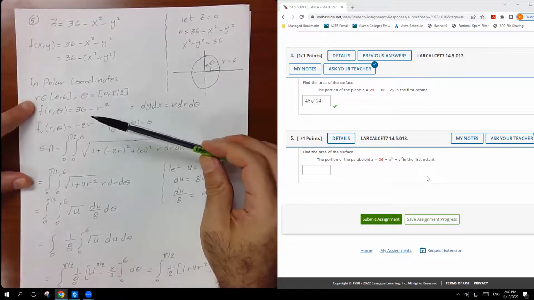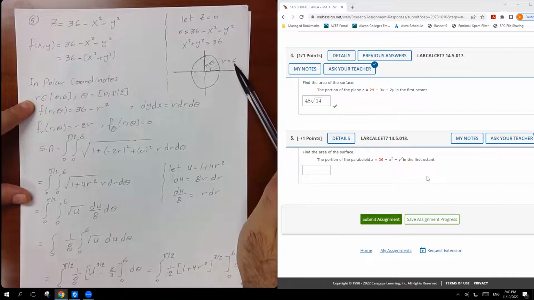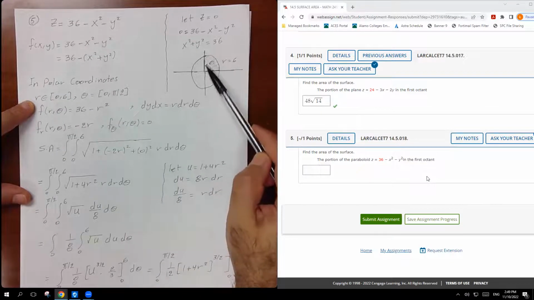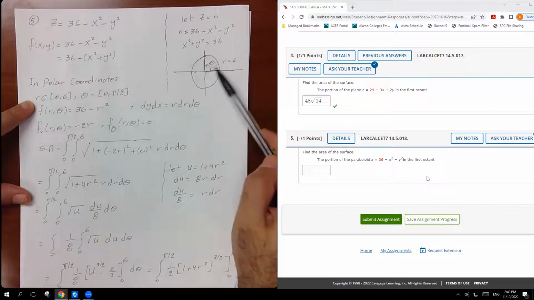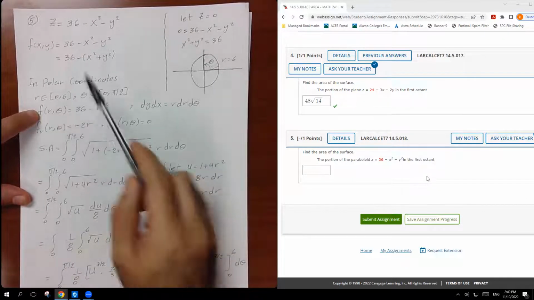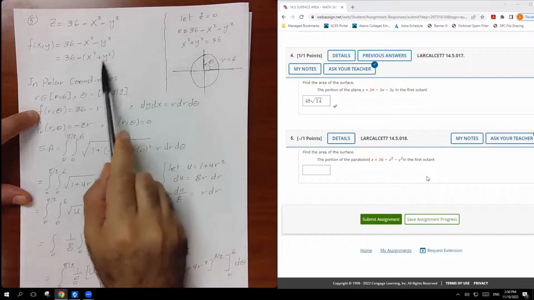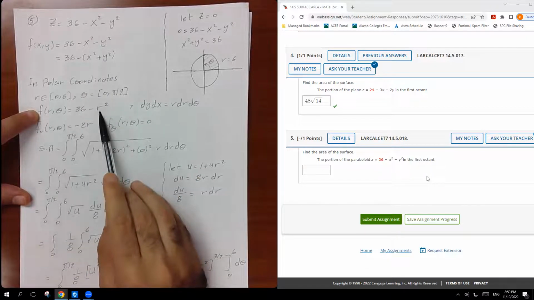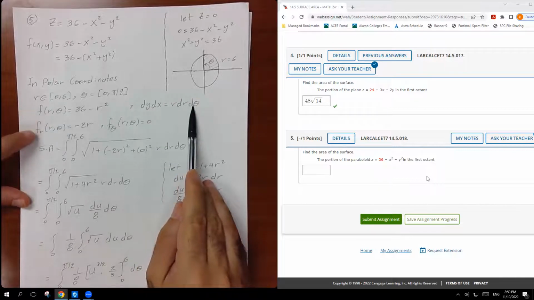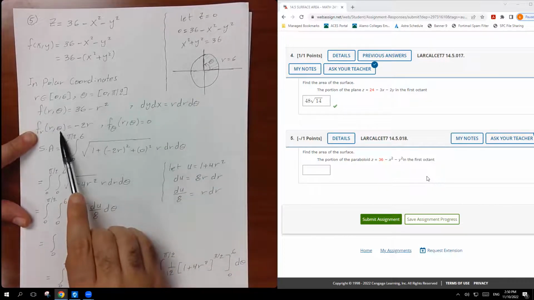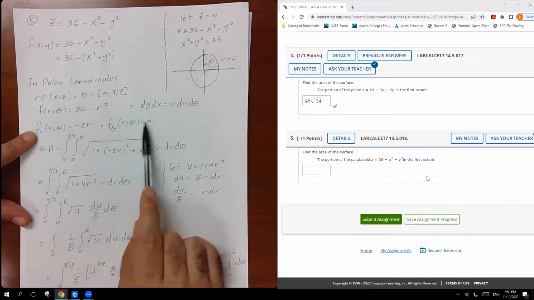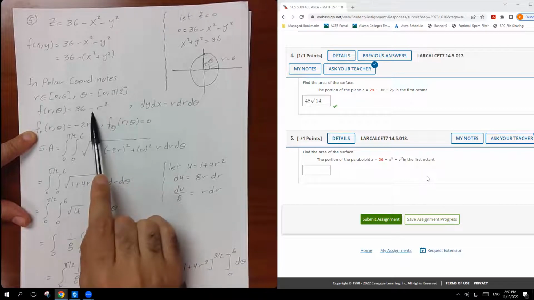So our radius is between 0 and 6, and theta is from 0 to pi over 2, because we only need this part of the region. f of r, theta is 36 minus r squared, and dy dx is going to be r dr d theta. f sub r is negative 2r, and f sub theta is 0, because there is no theta here.